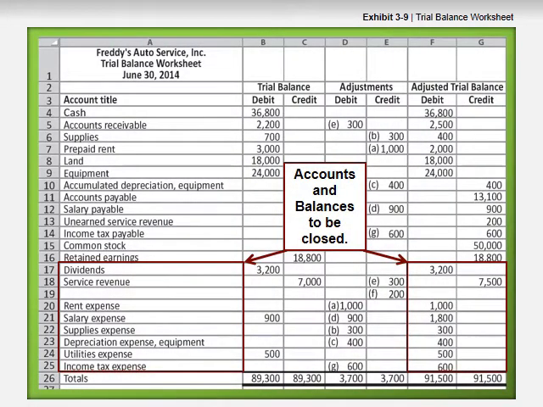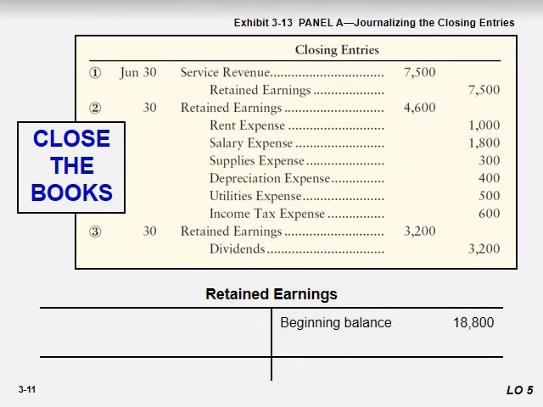So you see that in exhibit 3.9, the expenses, dividends, revenue, right? They are in the adjusted trial balance. This part of the adjusted trial balance needs to be closed. So what is the entry? Revenue would be closed down. So how do we close the revenue?